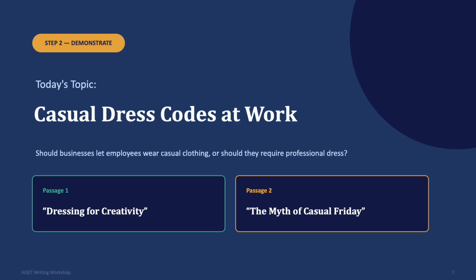Notice that this is an argument question. There are 2 possible positions. One position says casual clothing should be allowed. The other says employees should dress professionally. We're going to read both sides before we decide what we think.